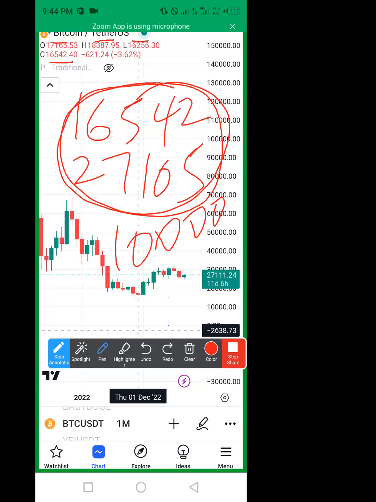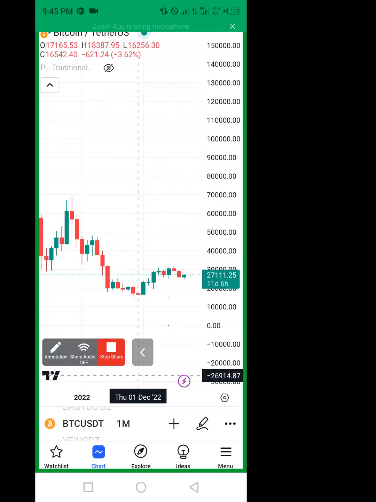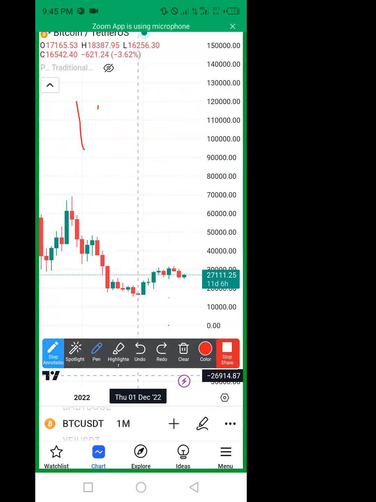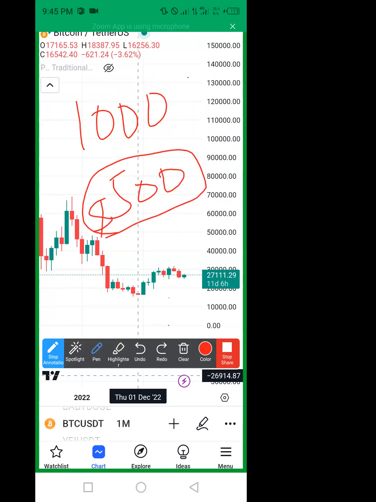If you had bought the Bitcoin at 16,542 and it has gone up by 58%, if you had put in 1,000, you'll be having more than $500, because 500 is 50%, but it has gone up by 58%. Even if you are not trading day to day, you just put your 1,000 in Bitcoin and you kept quiet, you would now be having more than $500.